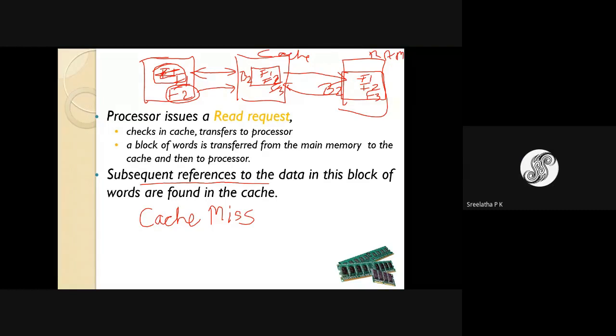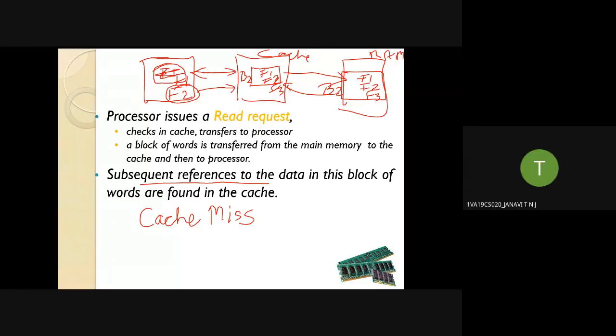Okay, answer to this question. Suppose the processor wants to read an instruction, and that instruction is not there in cache memory. So from which memory will the instruction be accessed to the cache memory?